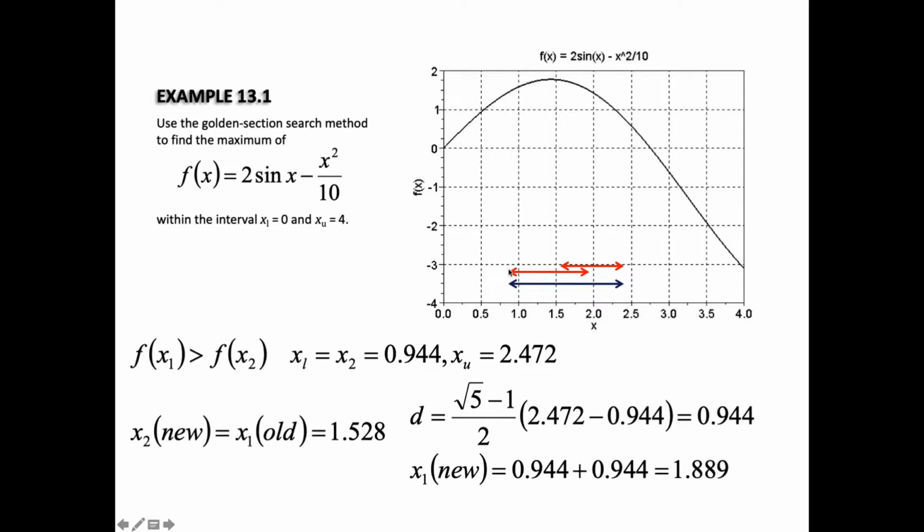The first interval is from xl to x1 and the second interval is from x2 to xu. We then evaluate f of x1 and f of x2 and see which is higher, and then from there we can determine which interval to eliminate. So the process is repeated until we converge at a final value for x1 and x2.